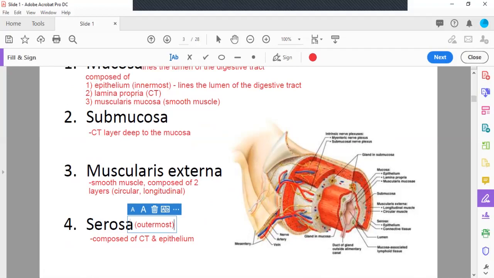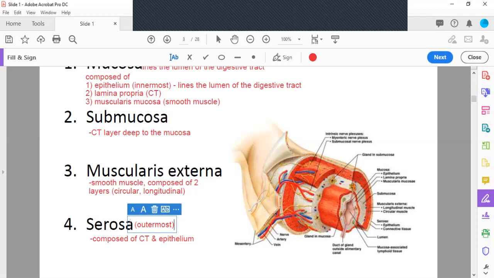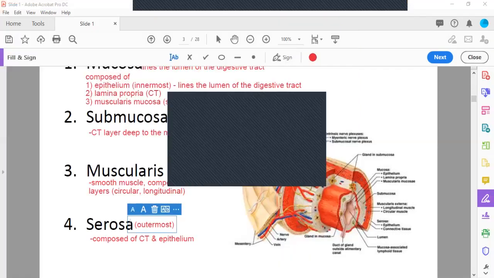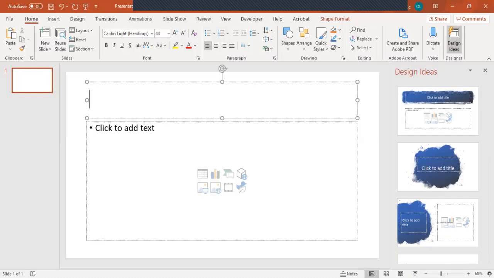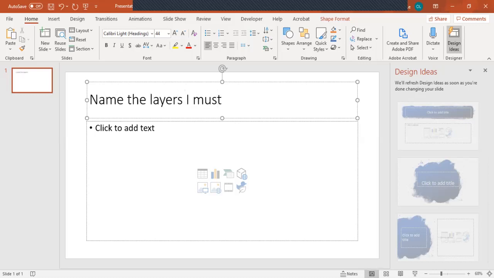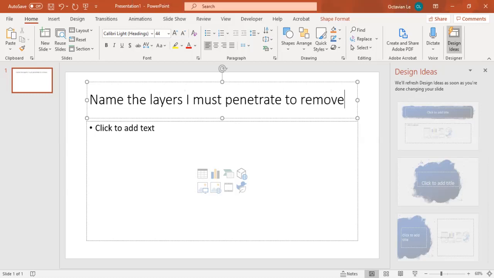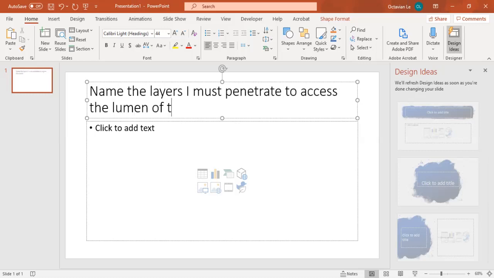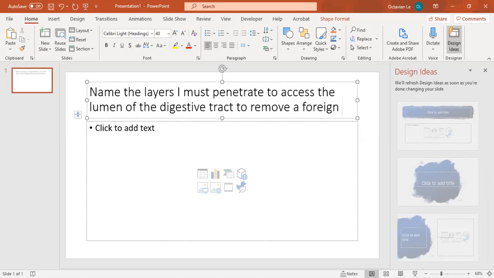So if I were to ask you a question on the exam, and the simple question would be, I want you guys to look at the screen as I ask you: name the layers I must penetrate to access the lumen of the digestive tract to remove a foreign object.